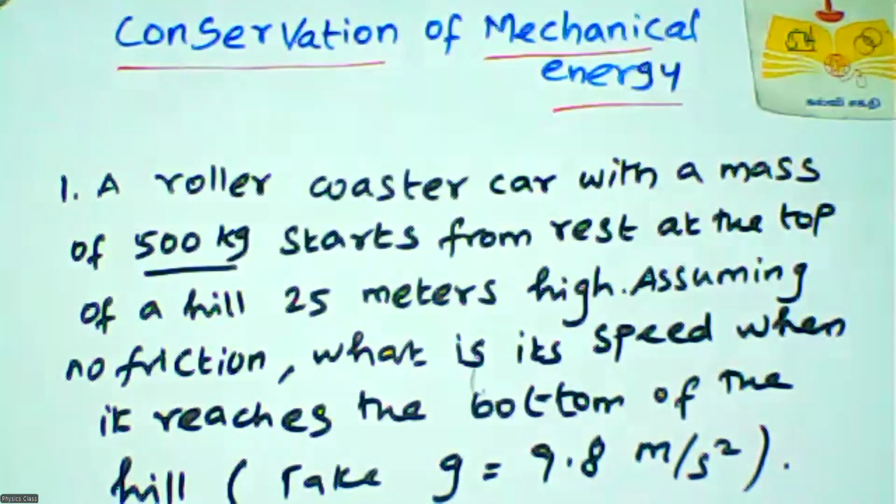So what is its speed when it reaches the bottom of the hill? Thank you, AB, RJ boys. Take g equal to 9.8 meters per second squared. So this is the first problem for your homework. Please write it down. I will write the second problem now.